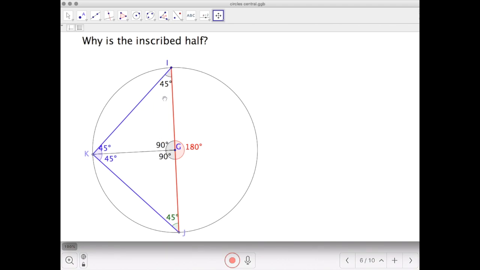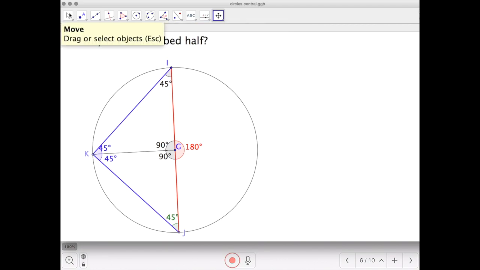So I'm starting off with this example here. You can see that the arc here, or the central angles in red, is 180 degrees. It's 180 degrees on the arc. The central angle in red is 180 degrees, but this blue angle here is half as much. 45 and 45 make 90.